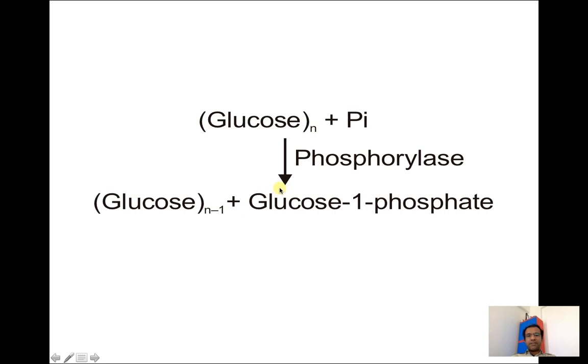Suppose a glycogen has around 100 glucose molecules, then first the phosphorylase enzyme will act on it. It will release one glucose in the form of glucose 1-phosphate. So the name of the enzyme is phosphorylase, and one glucose molecule will be released. The remaining 99 glucose molecules will be there in the chain form. So that will be the overall process in glycogenolysis.